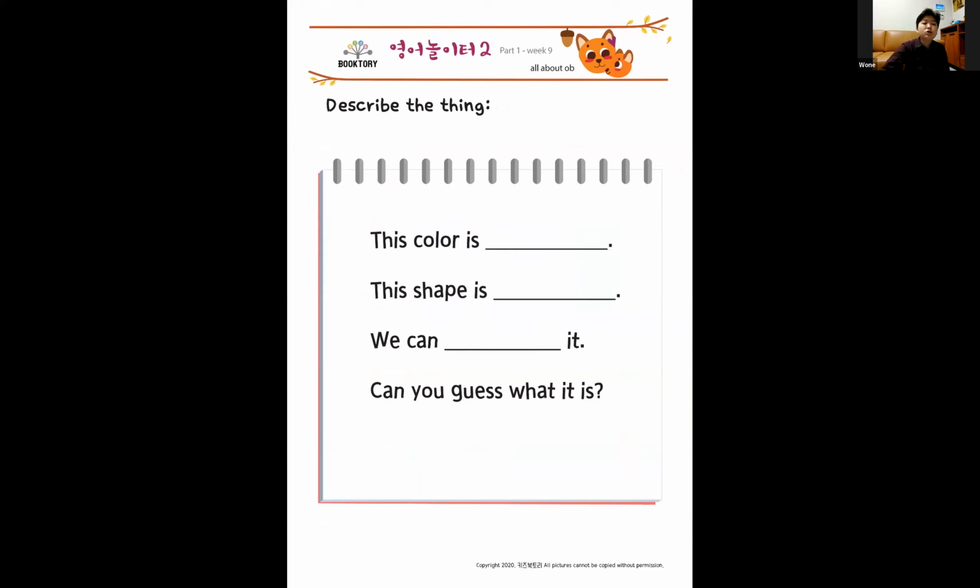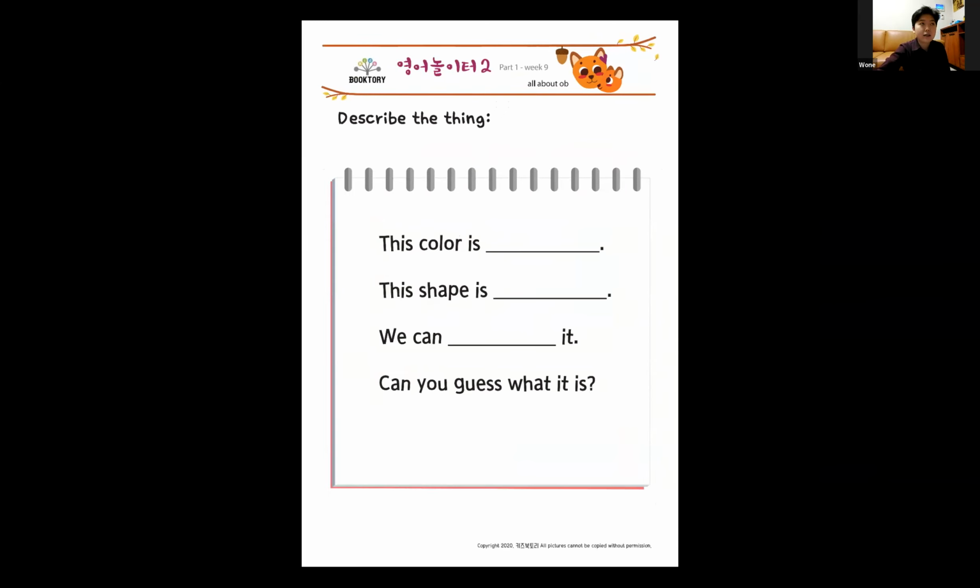Let's learn how to describe a thing. I'm going to describe something and you have to guess what it is, okay? The thing that I'm thinking of, this color is red. This shape is circle.